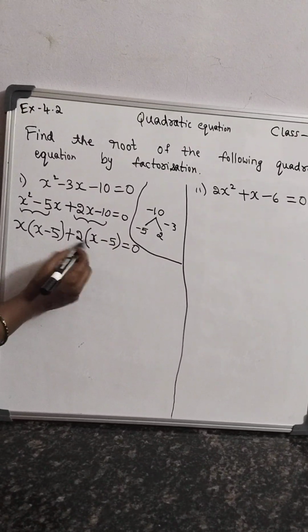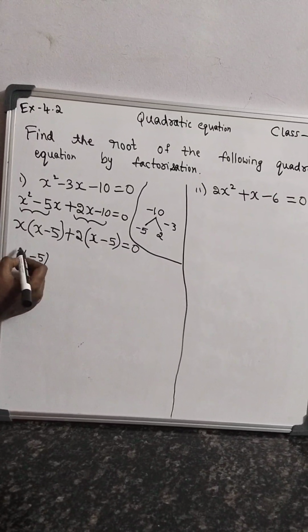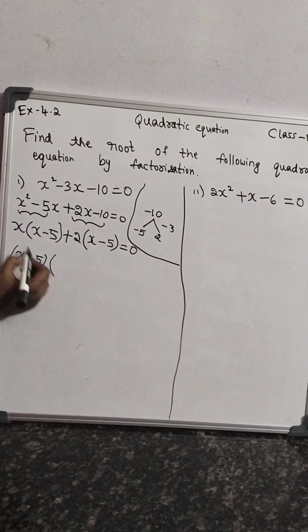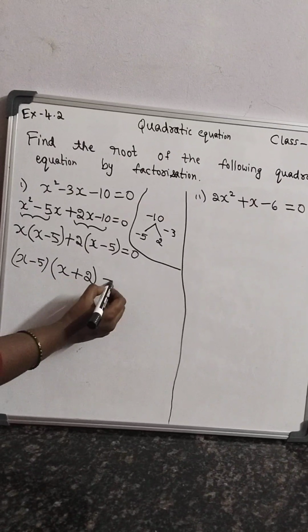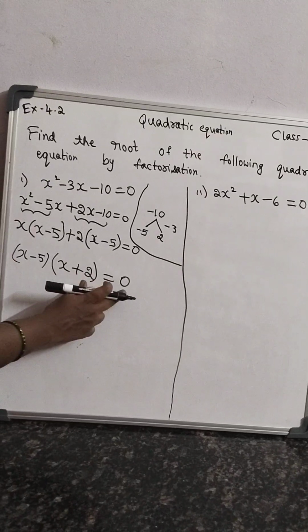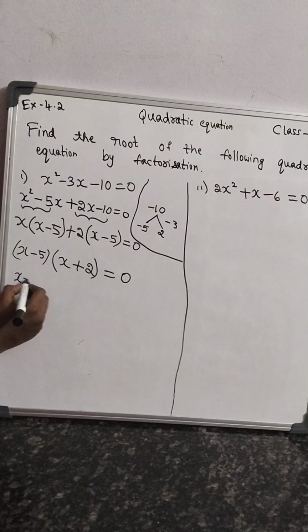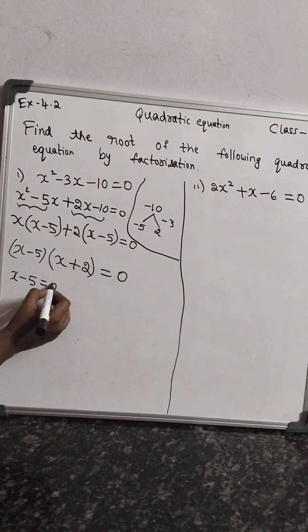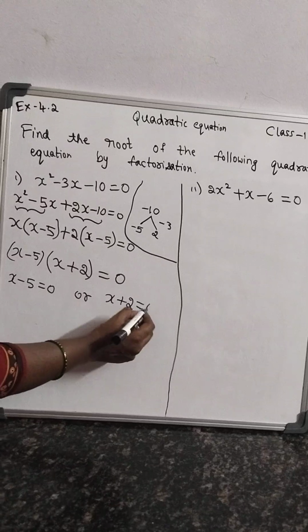From these two terms again I will take x minus 5 as common, that is x minus 5. If I take x minus 5 as common, the remaining terms will be x plus 2, which is equals to 0. So product of any two terms is equals to 0, means any one of the term will be 0. That's why I can write it as x minus 5 is equals to 0, or x plus 2 is equals to 0.